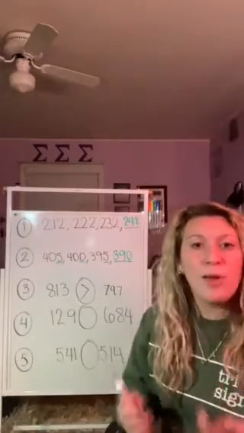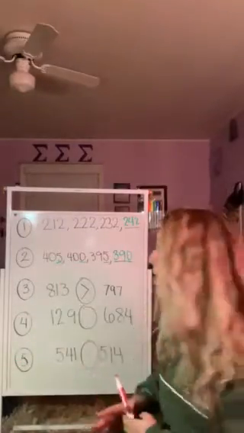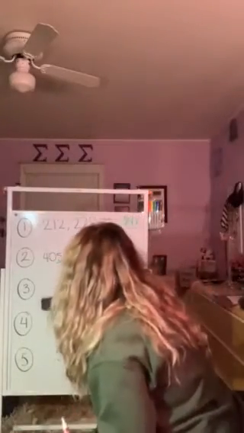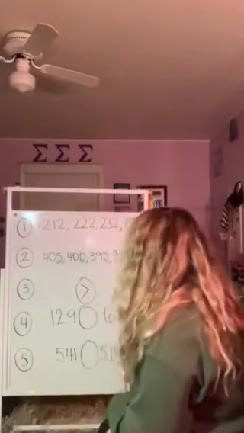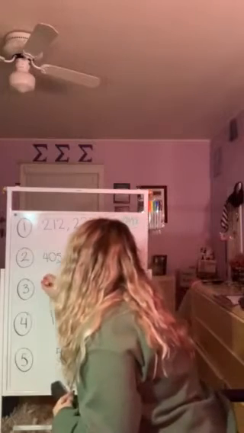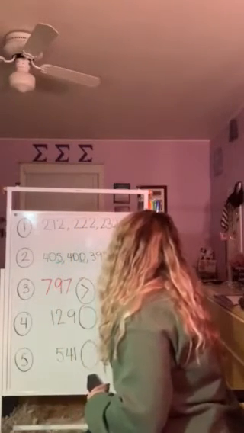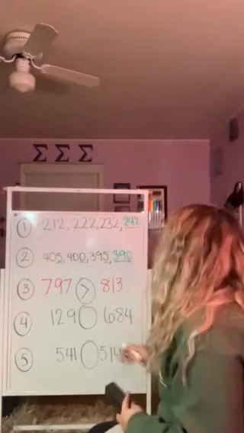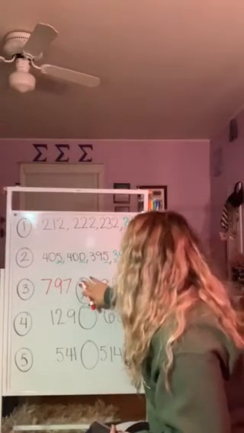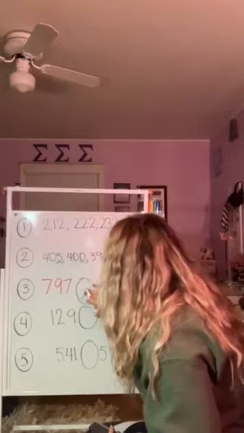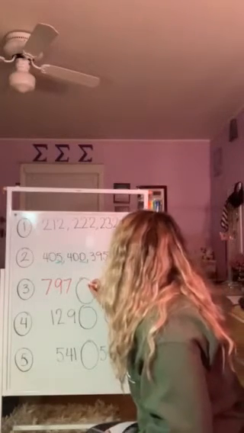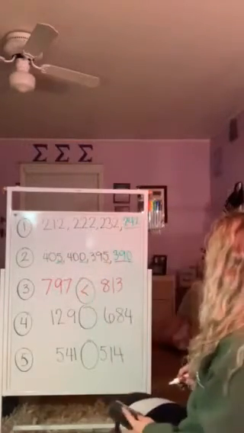And if we were to reverse the two, let's pretend for a moment that we had 797 on this side and 813 on this side. My symbol in here has to change because 797 is less than 813.